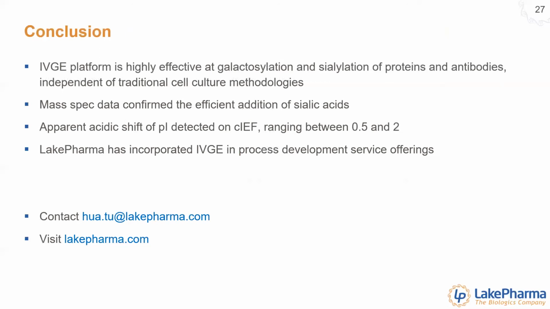In all cases, the mass spec data confirm the efficient addition of sialic acid, and we do observe an apparent acidic shift of pI on cIEF, and the range of shift is between 0.5 and 2. We're quite pleased with this technology, and we have incorporated IVGE in our process development service offerings.